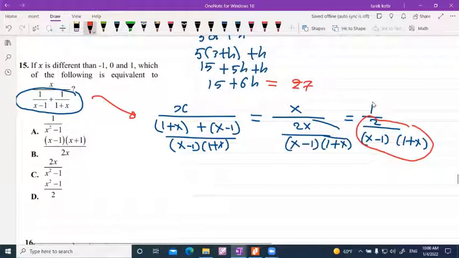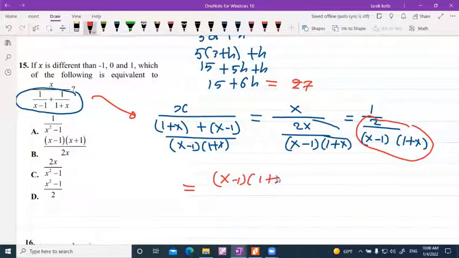And also you can flip this fraction. Look at this fraction. Because something divided by a fraction, it will be 1 times this over 2. So finally it will be x minus 1 times 1 plus x, and 1 plus x means x plus 1 also, over 2.